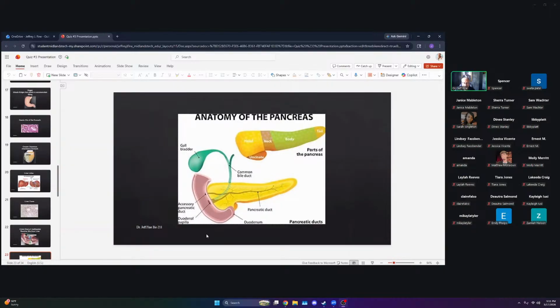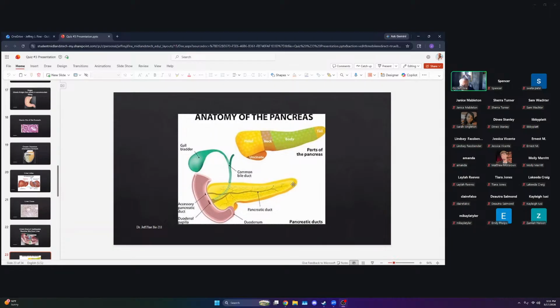Okay? And then running down the surface, again, keeping with my fish analogy, and this illustration doesn't really do it justice. The one we're going to see in lecture makes it look a lot more like what I'm about to share. But this pancreatic duct, remember, a duct is nothing more than a tube that carries something from one area of the body to another. We talked about the cystic duct carrying bile from the liver to the gallbladder for storage, right?